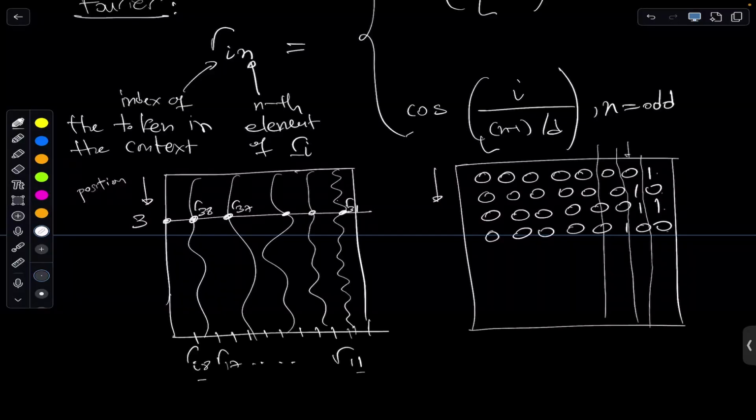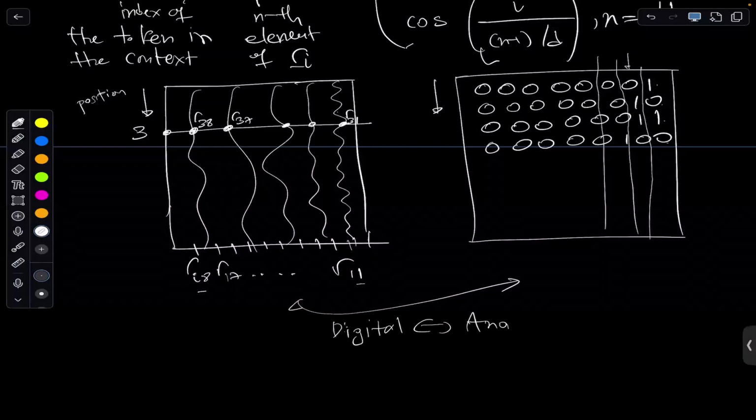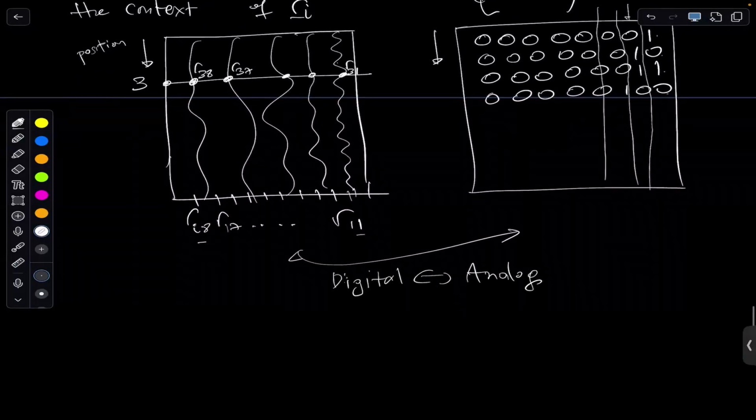You may use that analogy to persuade yourself that, yes, indeed, there is some positional information there. So what I just established here is the digital to analog analogy in positional embeddings.